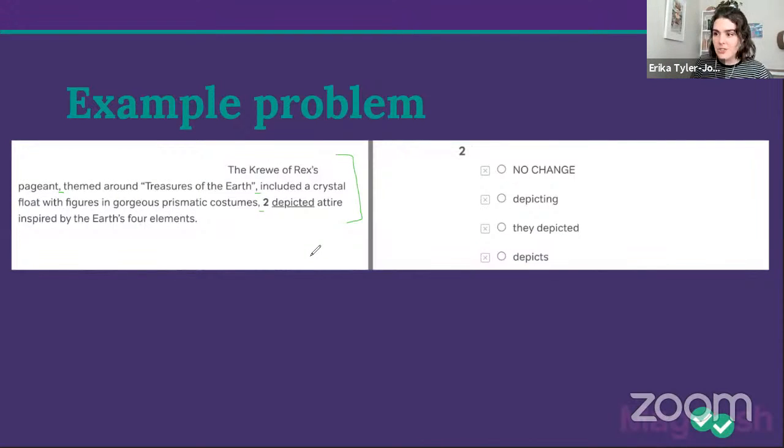I'm going to look at the answer choices. Depict-ed, ed. Is that a verb? Is it an adjective? I don't know. Okay, depict-ing, ing. Is it a verb? Is it an adjective? I don't know. Okay, they depicted, well, hello, a noun appearing out of nowhere.